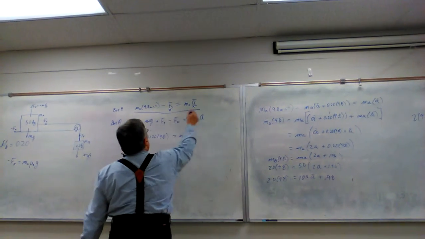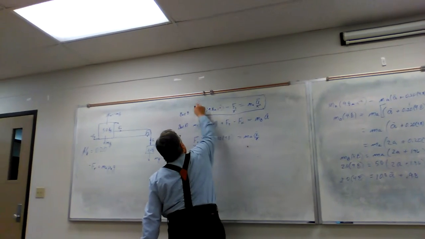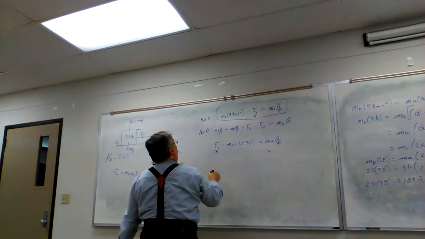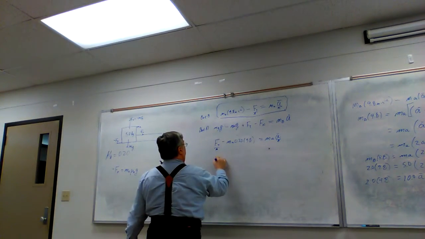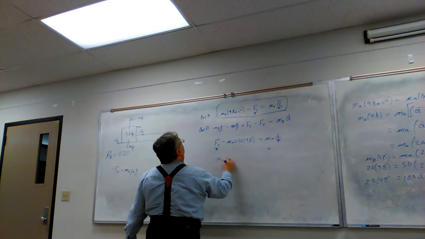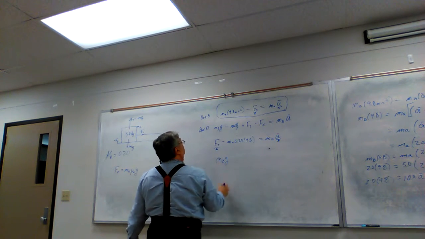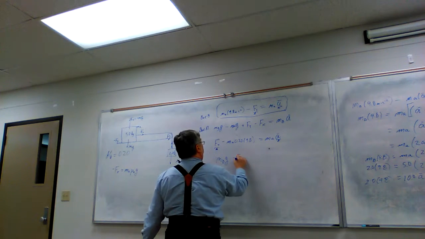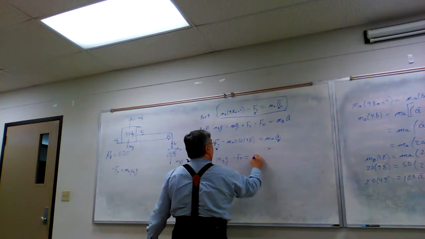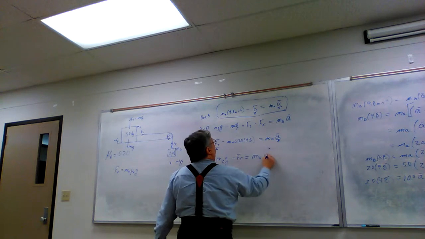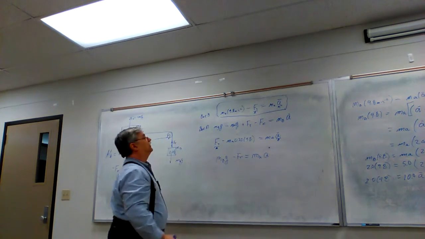If we're solving this equation for the force of tension, what we have is mass B times 9.8 times G minus Ft is equal to mass A times the acceleration of the system.